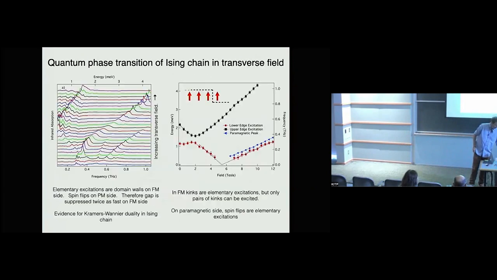Around 6 Tesla, it's the green curve. I'm plotting the low energy threshold of these features, and it's just passing below the low end of the spectrometer. So the green line almost just vanishes. It gets broad.